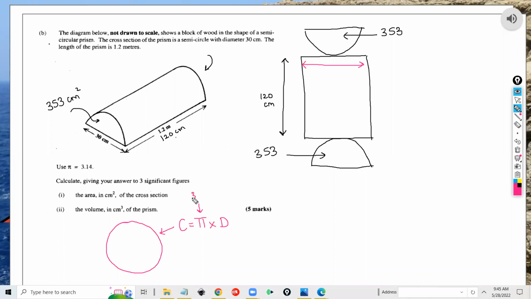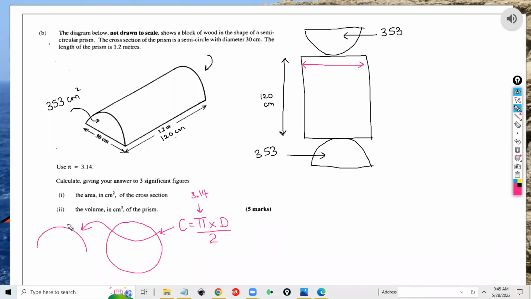The examiner is asking you to use pi as 3.14. Also, this is a full circle. We just need half the curved distance, half the circumference. So you're using the same formula, but whenever you want to find half of something, you divide by 2.